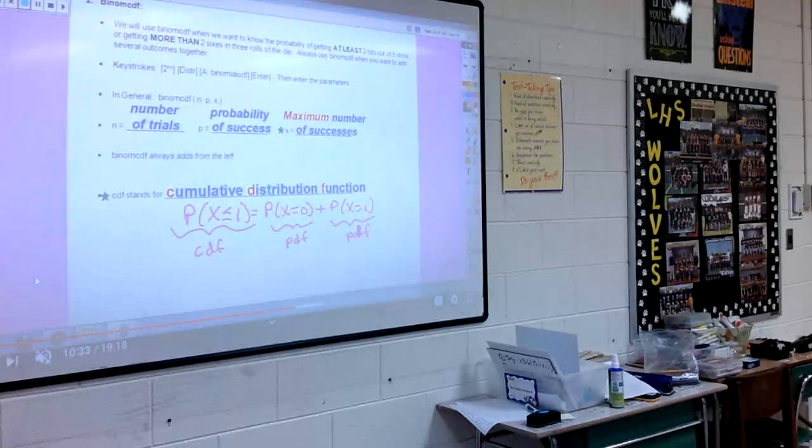So if I'm saying do a CDF to 1, that's saying find the probability that there's 0 and the probability that there's 1. Because remember, that's the maximum number of successes. That means anything there or less than that would count. And so we're going to get a problem here in just a second that goes through that, okay? So CDF, again, if I said do a CDF of 1, that would be 0 plus 1.